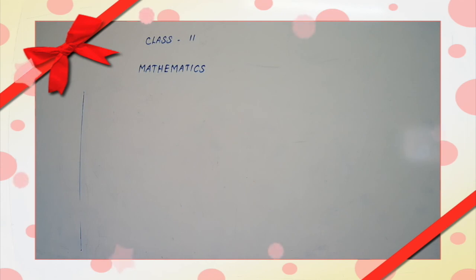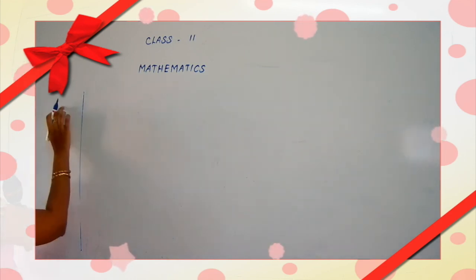Okay, children? I hope you have taken the maths note. First of all, take a new page. Don't forget to write. First of all, you write today's day and date.